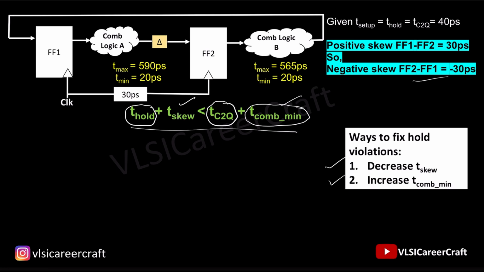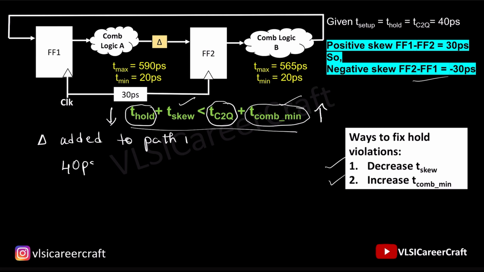So for this equation to be true, the right hand side should be more and the left hand side should be less. So we need to increase the combinational minimum. So let's assume that there is a delay of delta which is added to path 1 in order to fix this hold violation. So let's substitute the values again.